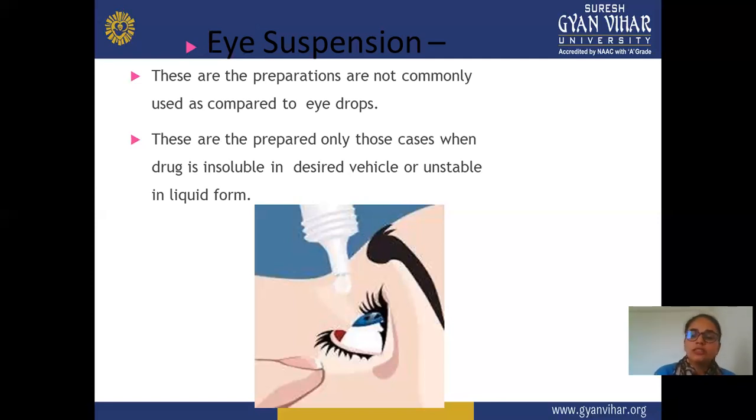So this is almost similar to an eye drop; only the suspension is manufactured in certain conditions which are not appropriate for an eye drop. We prepare a suspension because in a suspension some particles are suspended. If your API or drug is insoluble or not solubilized in your vehicle or ingredients, or is unstable in liquid form, then after formulating it should still be in a stable form.